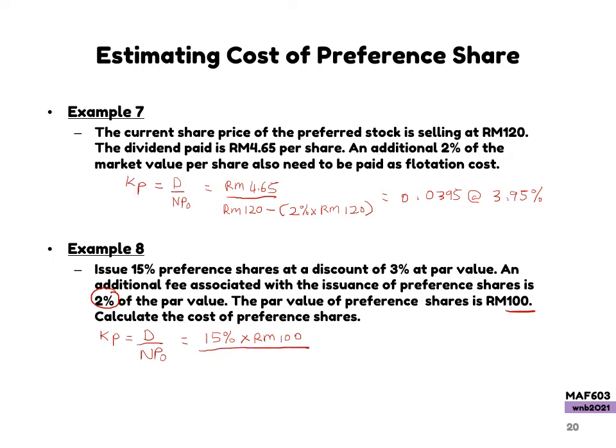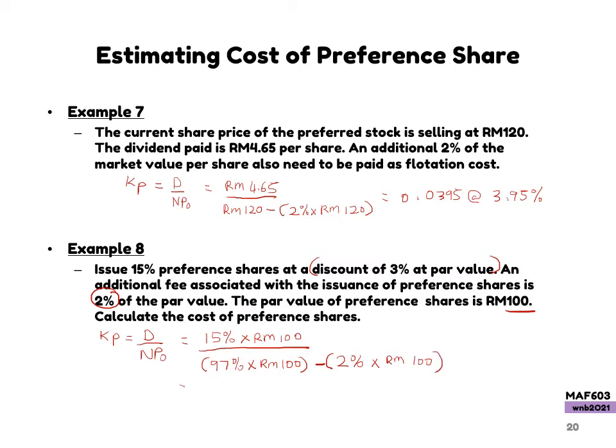The market value of share here is selling at a discount of 3% at par value, so I will take the 3% discount. So it's actually 97% of the par value, 97% of RM100, minus flotation cost, which is 2% of par value, 2% from RM100.